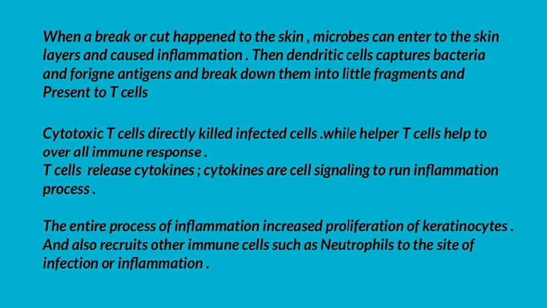T cells release cytokines. Cytokines are cell signals that drive the inflammation process. The entire process of inflammation increases proliferation of keratinocytes and also recruits other immune cells such as neutrophils to the site of infection or inflammation.